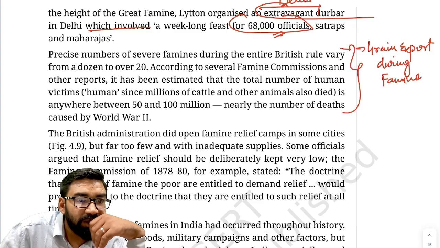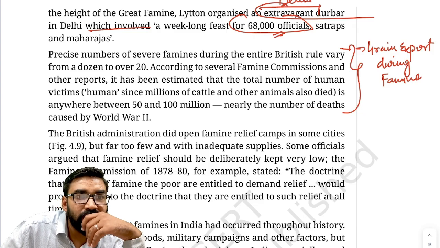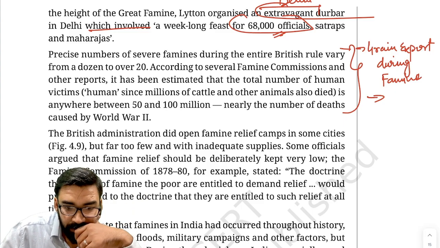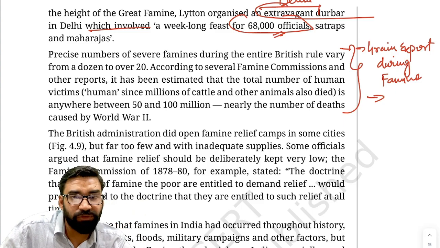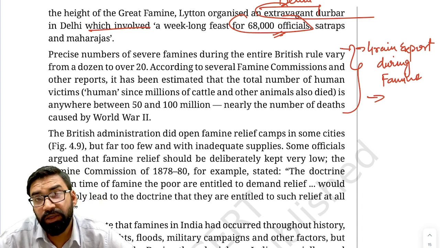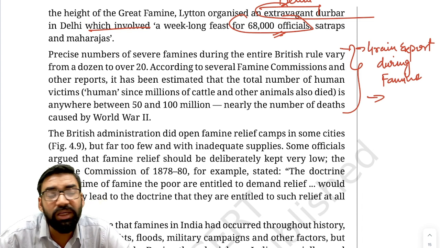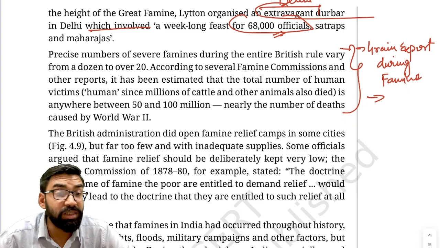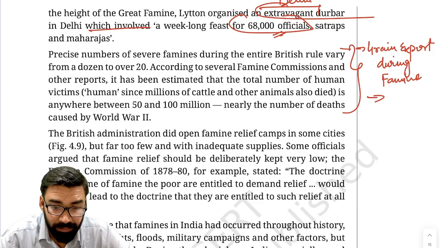Remember this thing, they continued exporting the food grains from India. Around 1 million tons of rice was actually exported in these 3 years, when at the same time people were dying due to hunger.